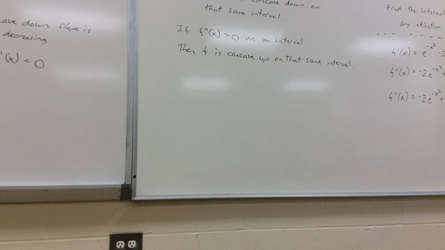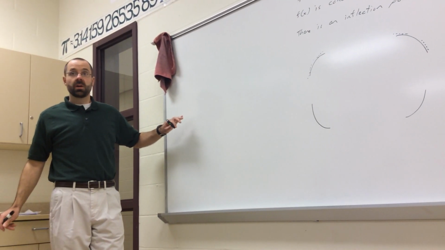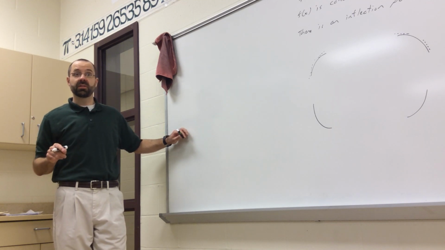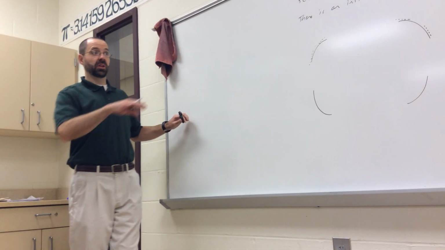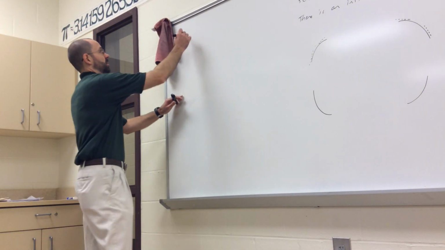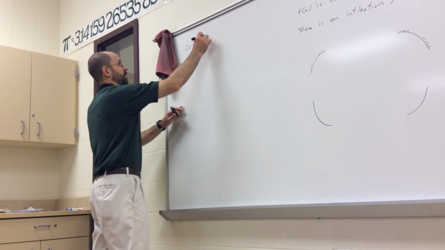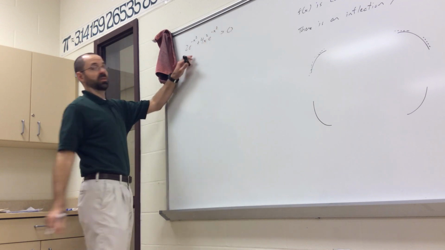So before I go on, is everybody okay with the second derivative? Okay, so according to the concavity test, we need to figure out when that second derivative is positive, and also when it's negative. So now we're going to solve that inequality. 2e to the negative x squared plus 4x squared e to the negative x squared bigger than 0.